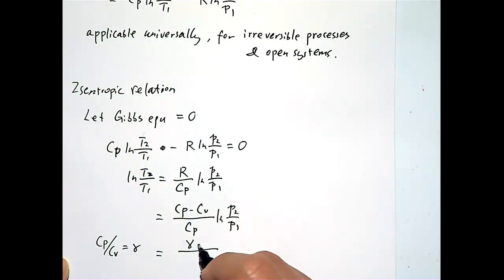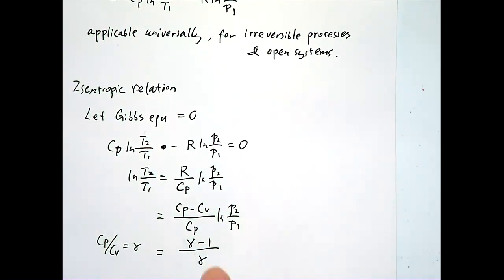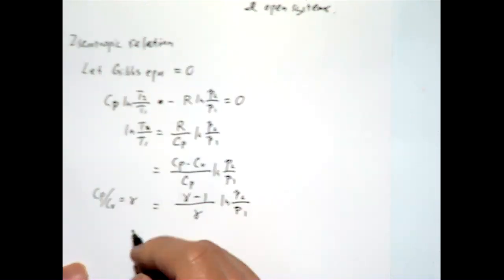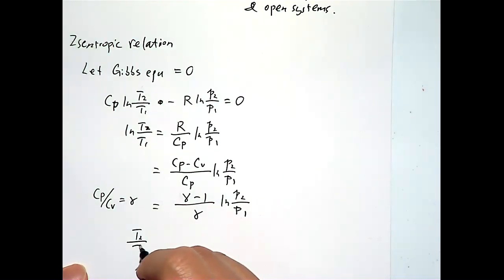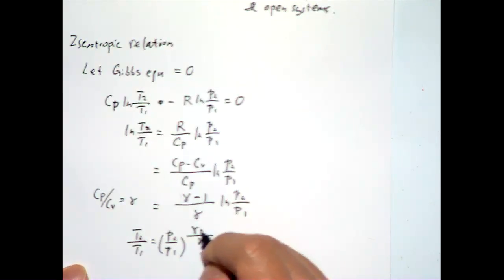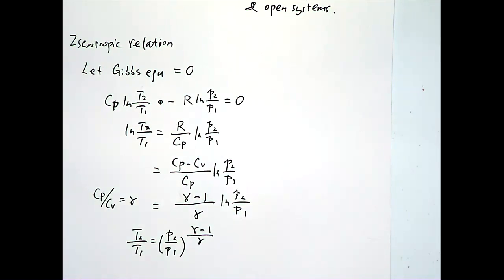Then we have gamma minus 1 over gamma, times log P2 over P1. Then we can find the relation between temperature and pressure in this form. So that's the first equation.